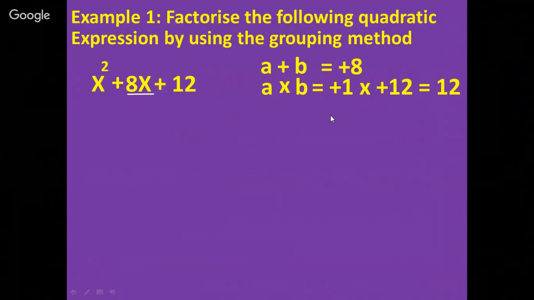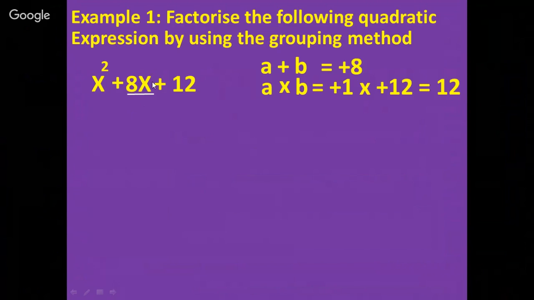So we need two numbers whose sum is plus 8 and whose product is plus 12. So think about two numbers. What about 6 and 2? 6 plus 2 is equal to plus 8, and 6 multiplied by 2 is equal to 12.